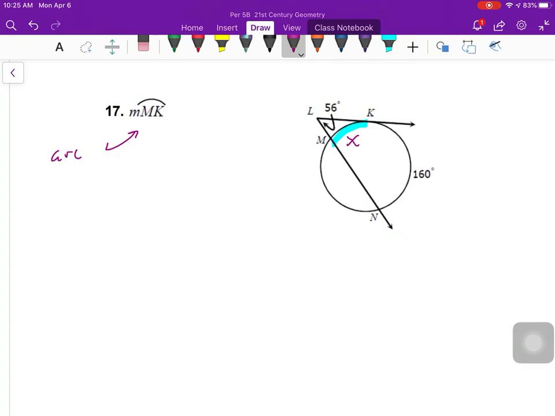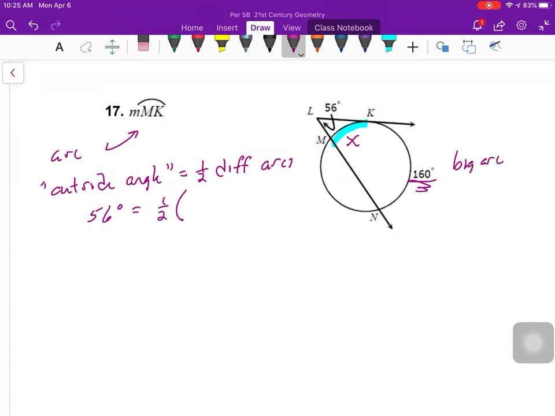It appears once again we're looking for an arc. We're looking for the arc from M to K. It's an outside angle. It will equal half the difference of the arcs. So 56 degrees will equal half big arc minus small arc.